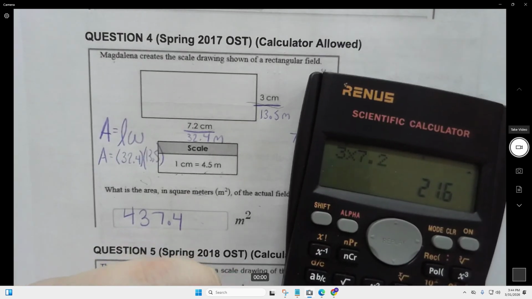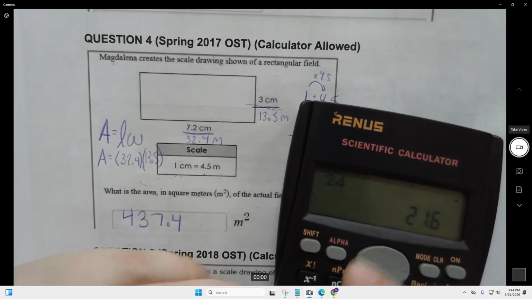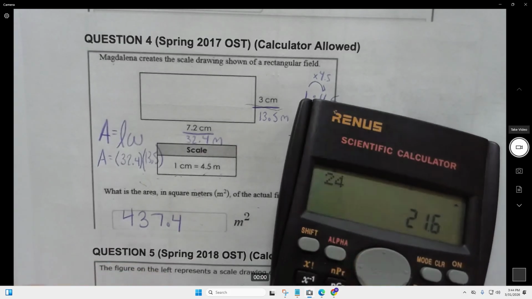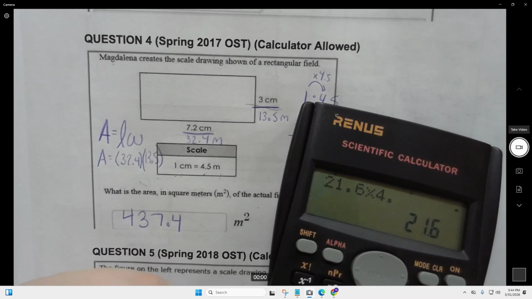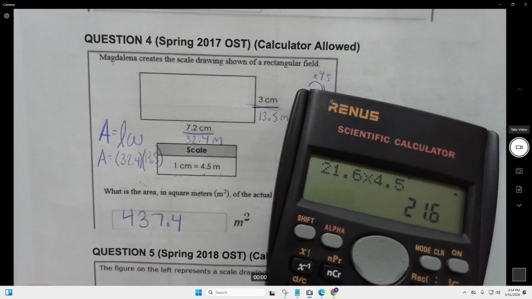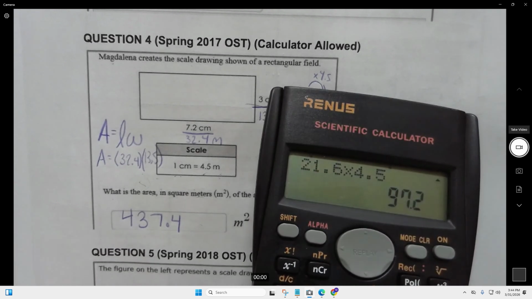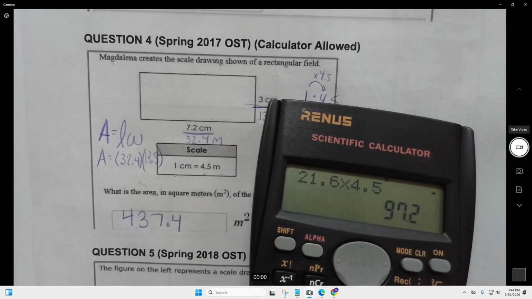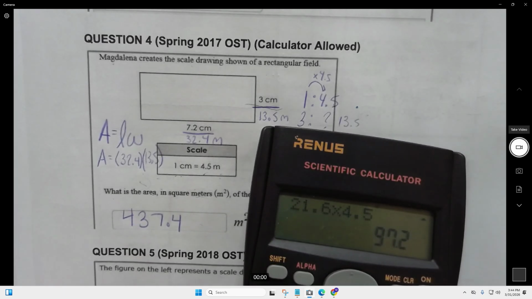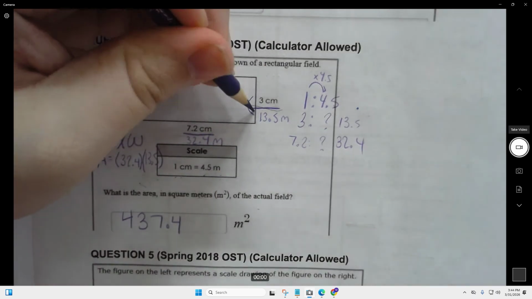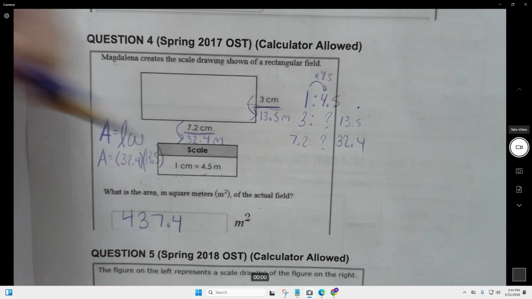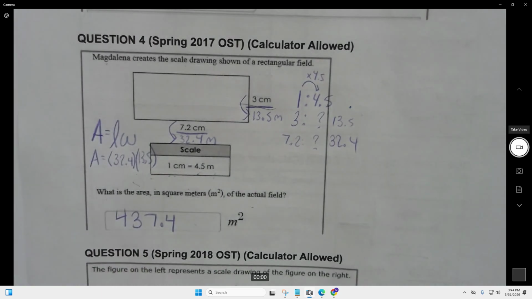But that doesn't work. 21.6 times 4.5 is only 97.2. So that's not going to get you the same answer. So you have to convert these first before you find the area. You have to.